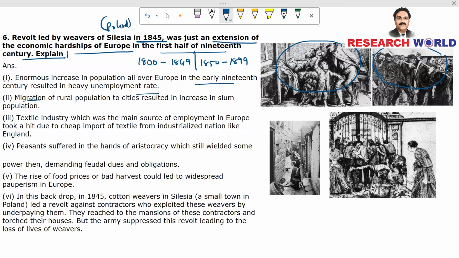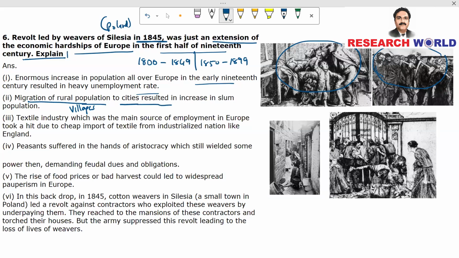Okay, and this increase in population resulted in migration of rural population, people from the villages, to cities. For what? Expecting to get employment, to get a job. And when these people came to the cities, they never had proper housing.